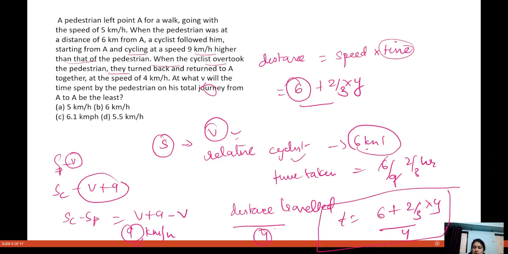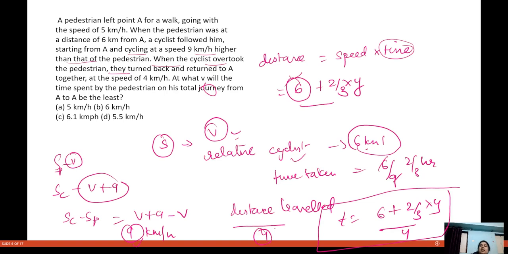Now what is the next step? Actually, we have to find the least amount of time. Now we know the distance, we know the speed, so we can obviously find the time. The total distance traveled by this person is (6 plus 2 by 3 into y) plus (6 plus 2 by 3 into y).